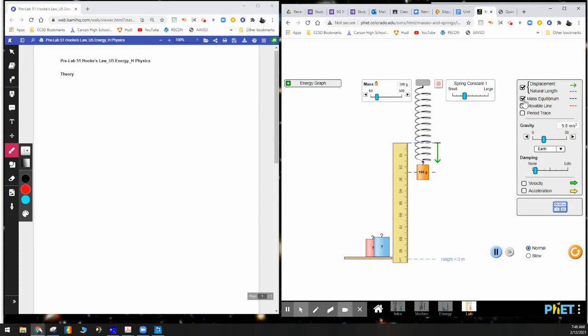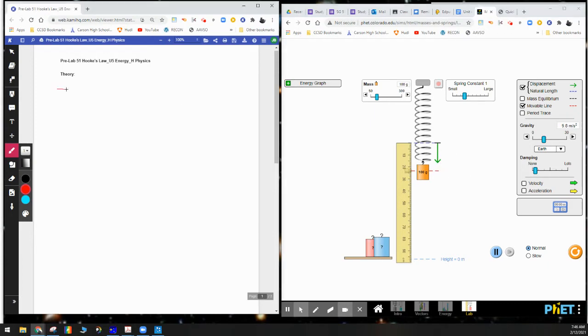Let's use this movable line here, and we can see that there's some displacement.